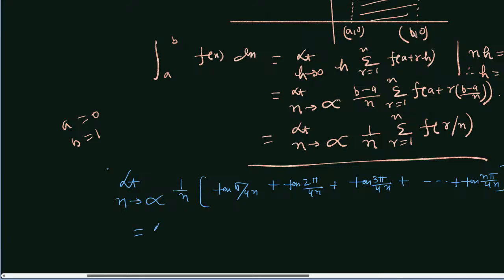So this will be limit n tending to infinity of 1 by n, put a sigma sign over there. See, the pi multiple is being changed, 1, 2, 3, so you write sigma r equal to 1 to n of tan r pi by 4n. Alright?